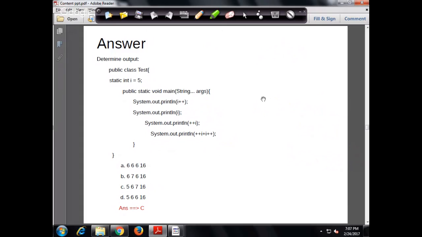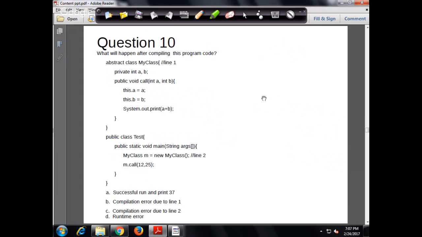So here comes the next question, question number 10 for the topic classes and objects. Have a look at this particular question. It's a big piece of code, and try to guess the answer. It's on the topic classes and objects, the first question from this particular topic.